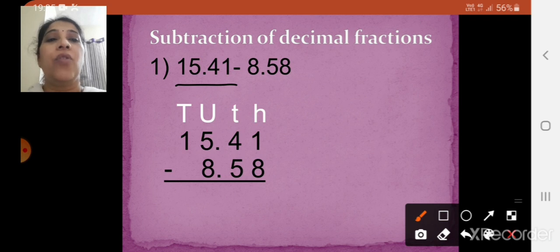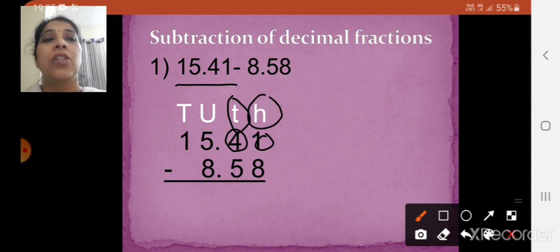So I have written 4 in the tenths place over here, and I have written the tenths place as small t, right? Now the number 1, it is in which place? Hundredths place. So I have written 1 in the hundredths place, and I have written it in the short form as small h, right?